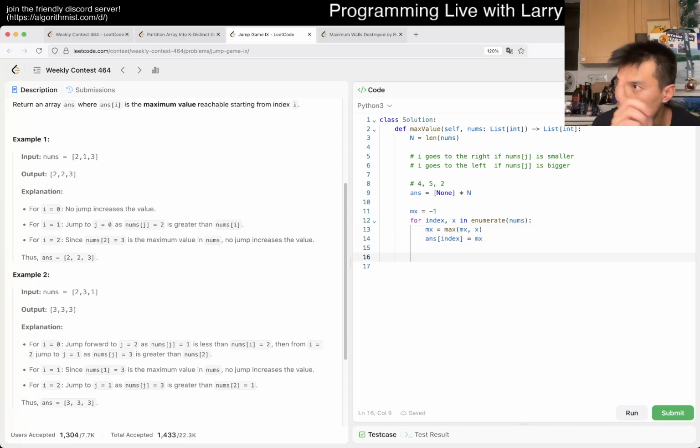Okay, so then that gives me all the everything to the right thing. And then the question is then, can you go to the right to go to the left?